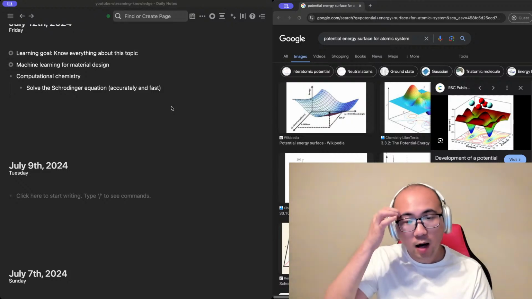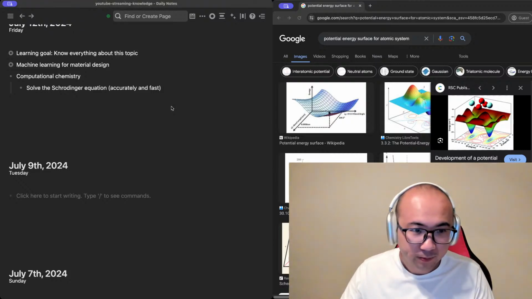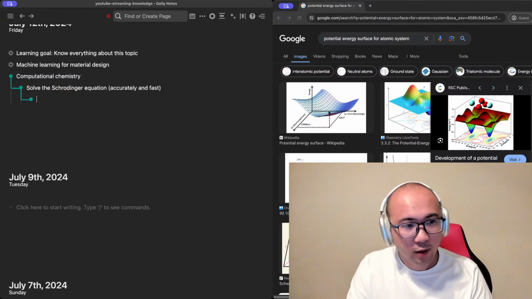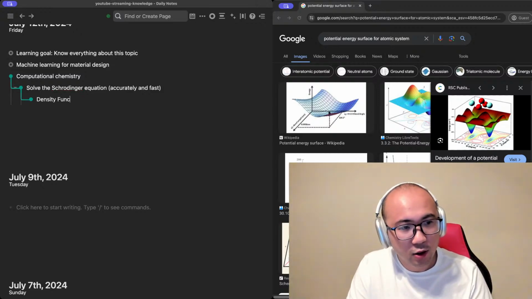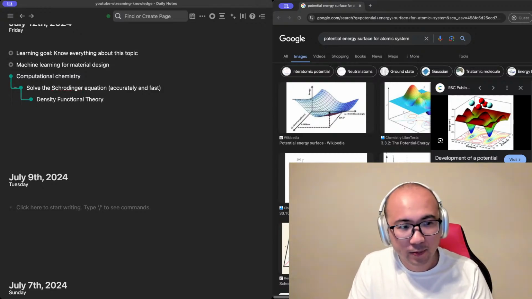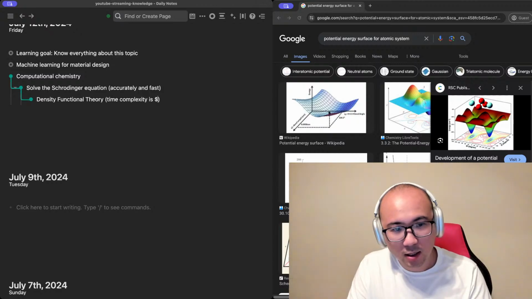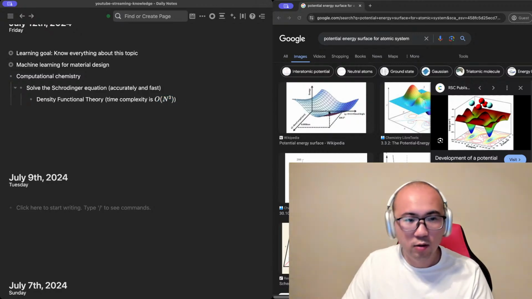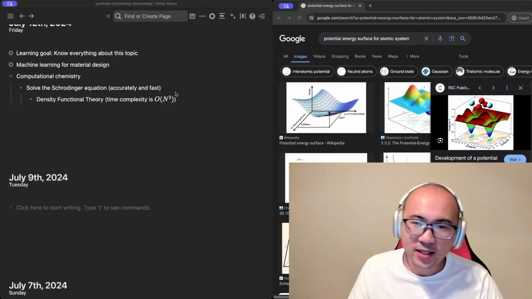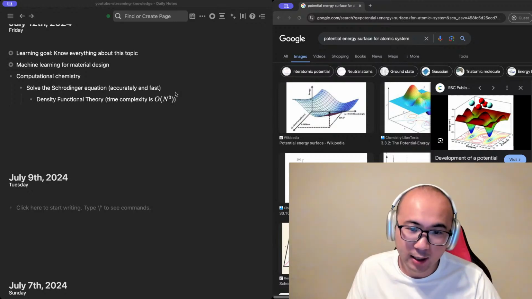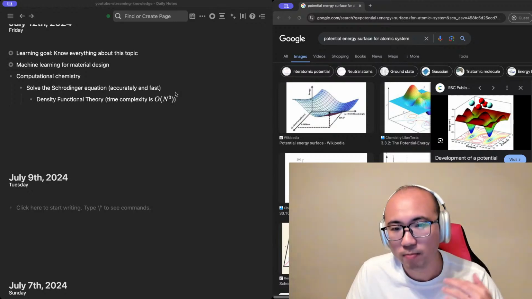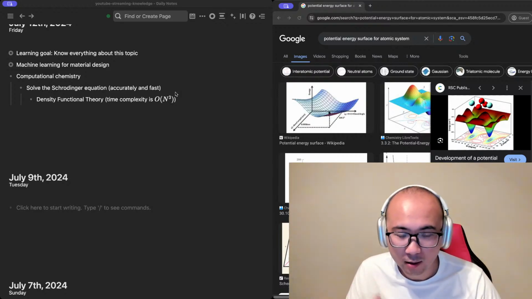And how do we do that? You can use density functional theory, but its time complexity is O(n) to the third, which means that if I double the number of electrons, the time will be eight times longer.